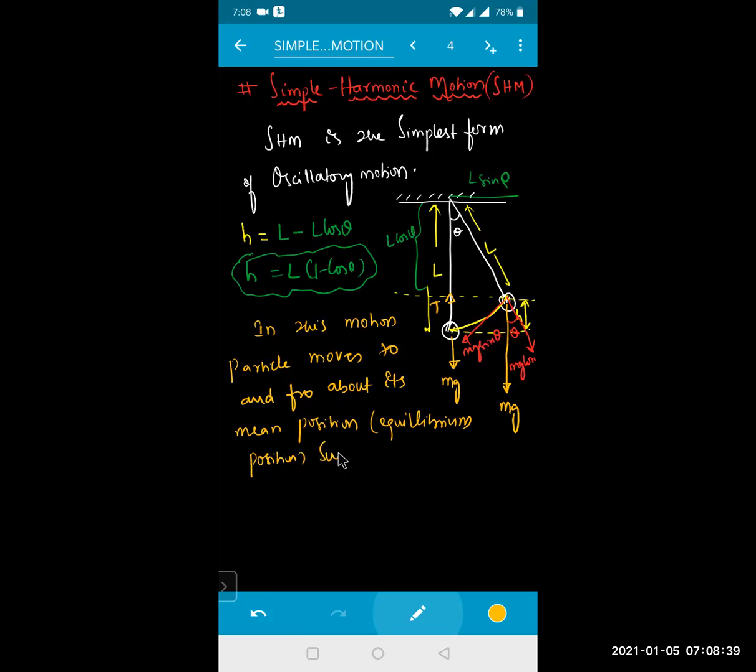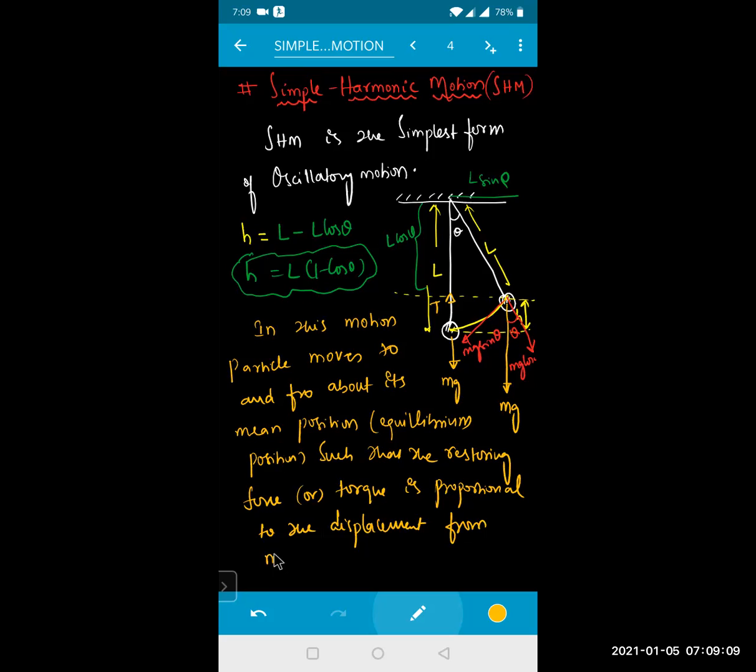Such that the restoring force or torque is proportional to the displacement from the mean position. This force will try to move the body back only that distance, bringing it back to the original position.